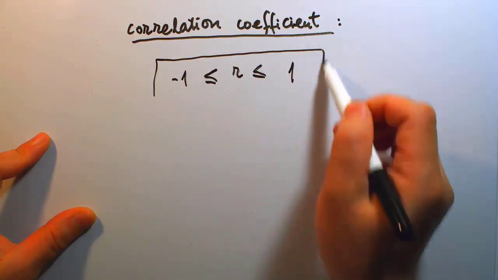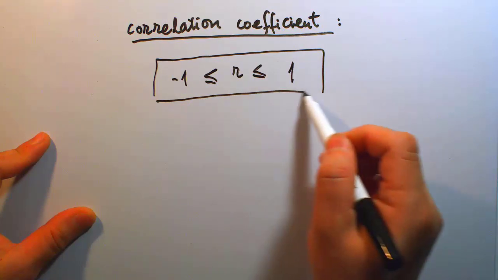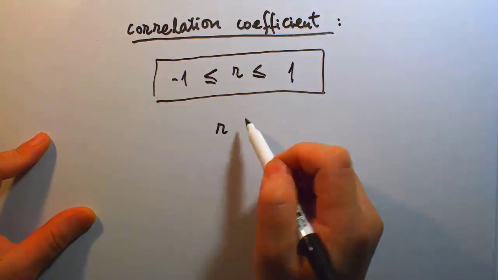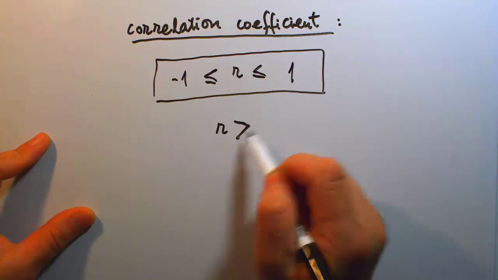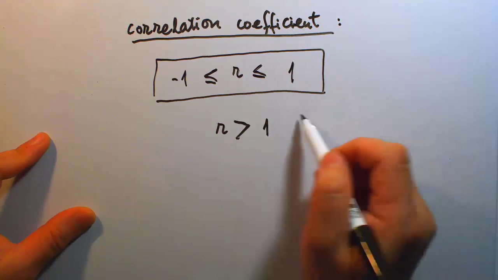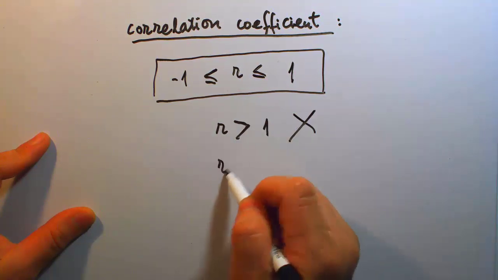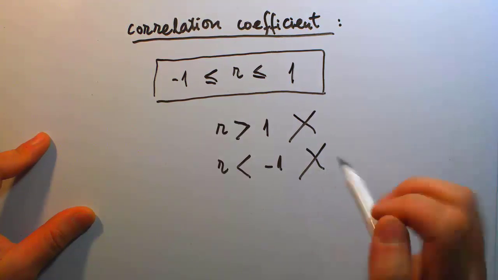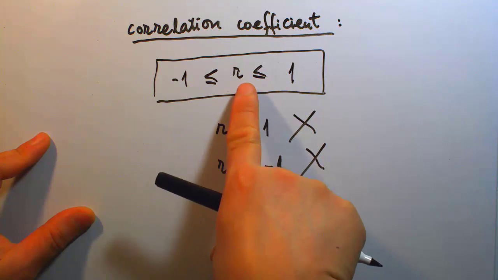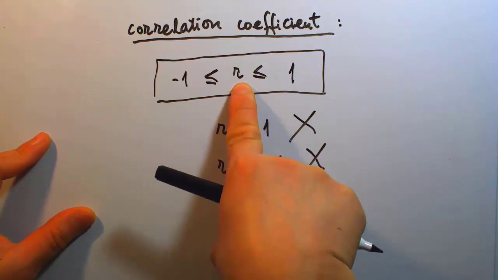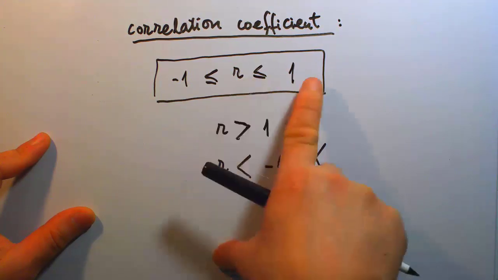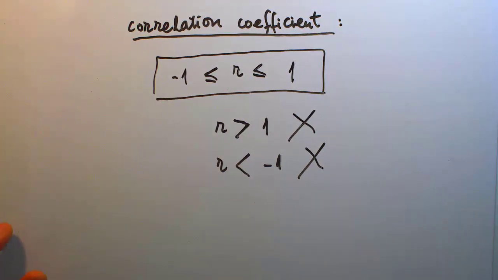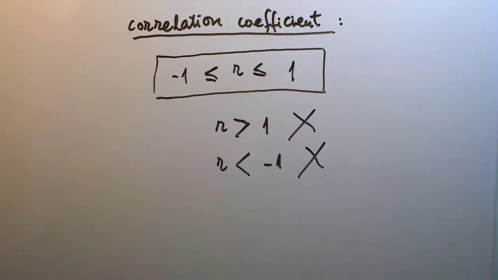You will never have a correlation coefficient that falls outside of that interval, meaning a correlation coefficient greater than +1 is never going to happen. A correlation coefficient less than -1 is never going to happen either. So anytime we finish calculating a correlation coefficient, if we recognize a value that falls outside of that interval, we need to go back and correct our calculation because it's simply wrong. It's just the way it is.